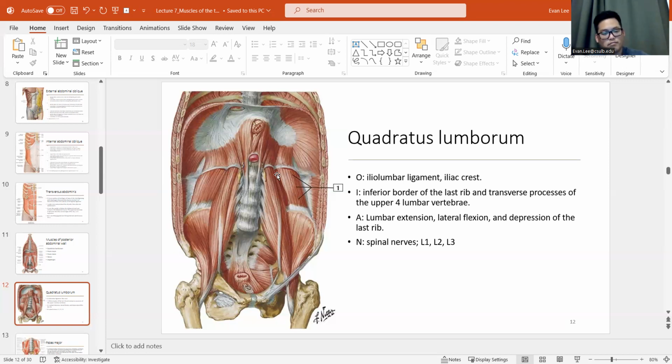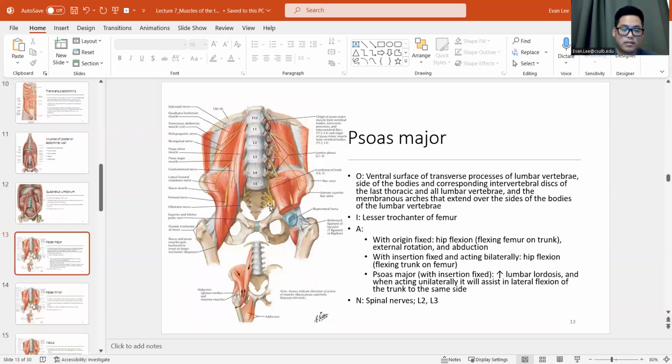Now, something that you may be able to use as a reference is that you can see some muscles that you hopefully find familiar. Starting right next to quadratus lumborum, you can see a very recognizable muscle, the psoas major. Notice some main differences between these.